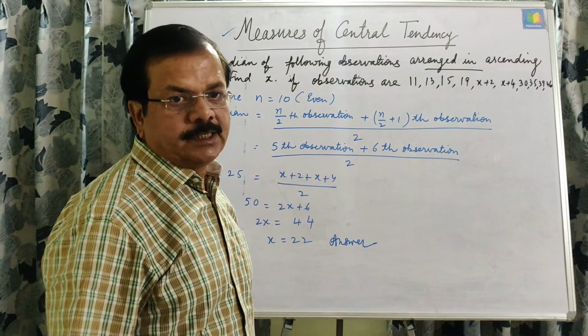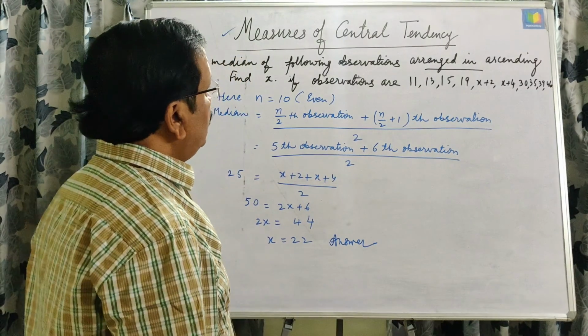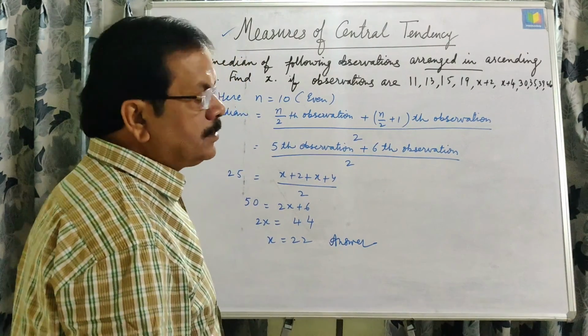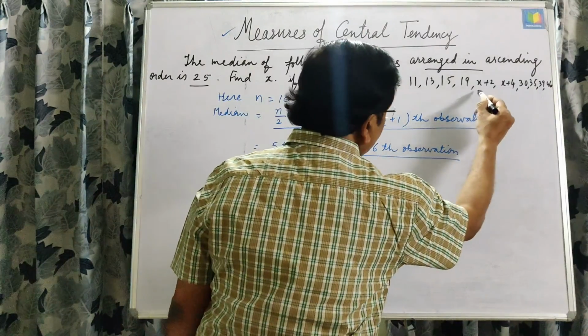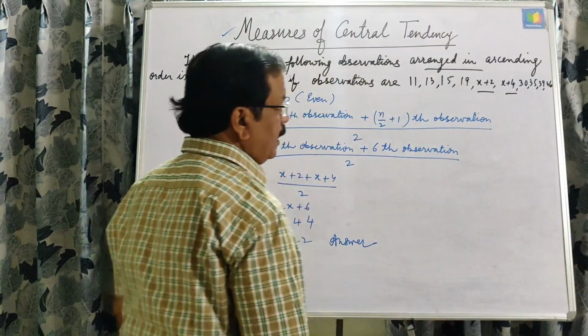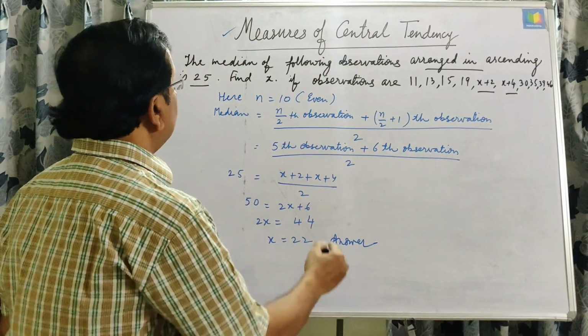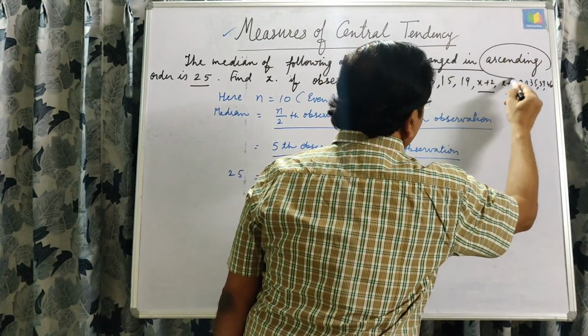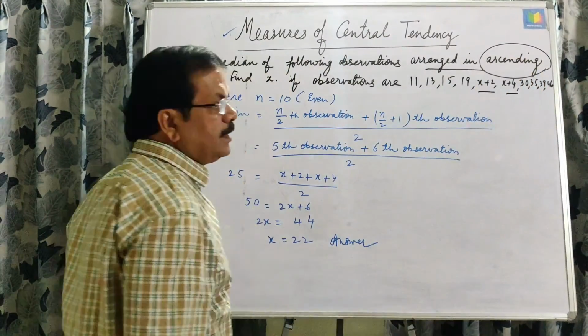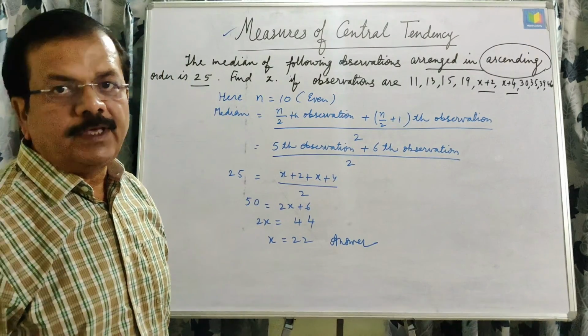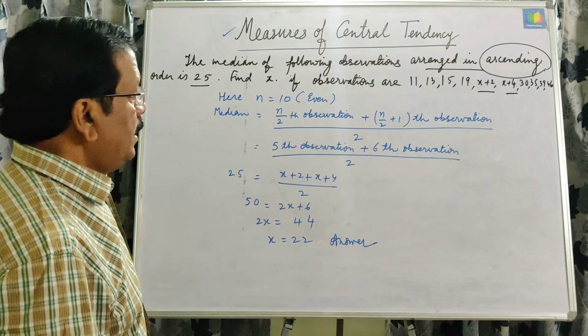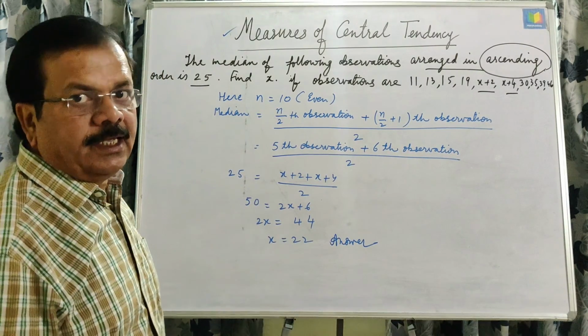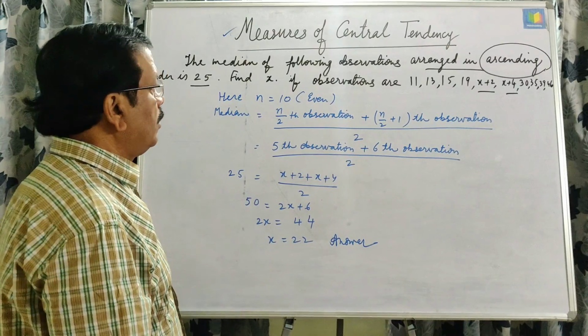Whenever in a question we get the observations in terms of variables which we don't know, then certainly we'll get the word whether this is arranged in ascending or descending, because without arranging in ascending or descending we cannot find the median. Here it is given that this is already arranged in ascending order.